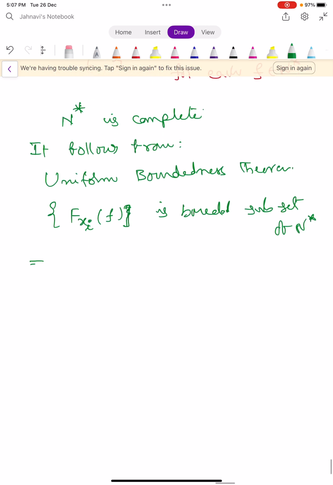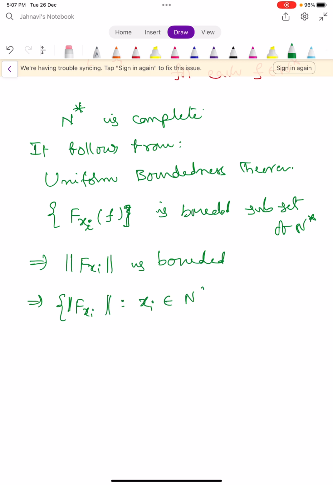So this condition implies that norm Fxi is bounded. If norm Fxi is bounded, then the collection of norm Fxi such that each xi belongs to capital X is a bounded set of numbers.